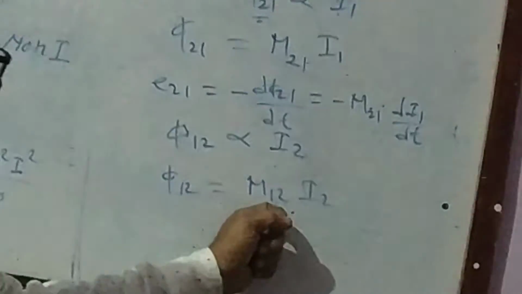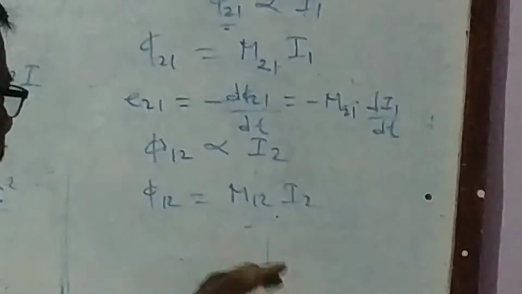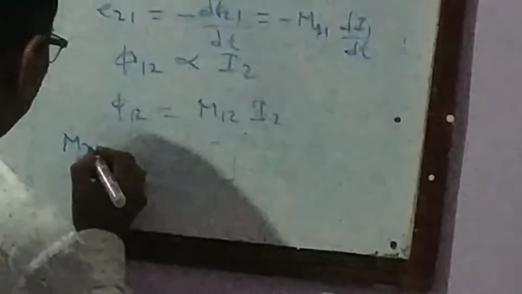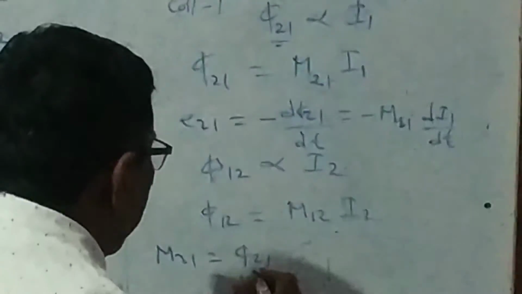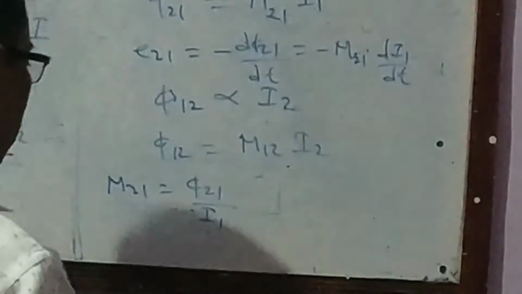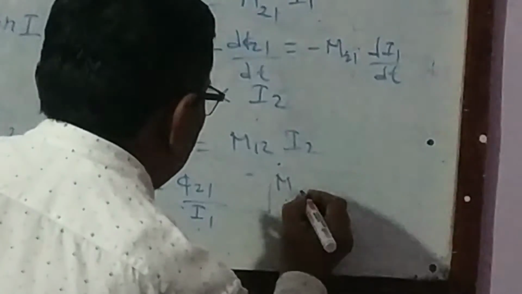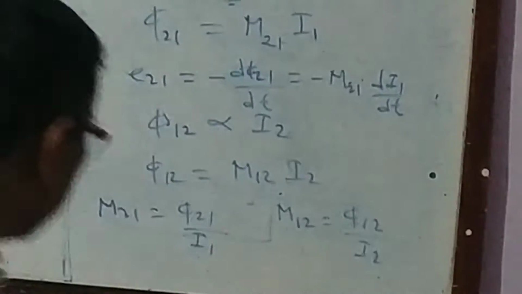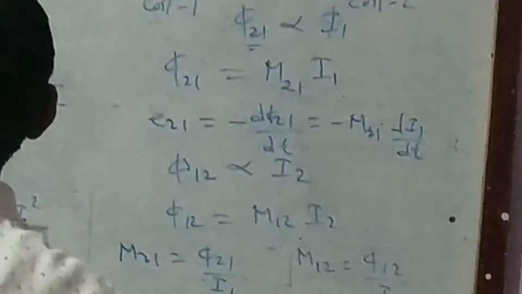From these two equations, M21 is equal to phi21 upon I1, and M12 is equal to phi12 upon I2.